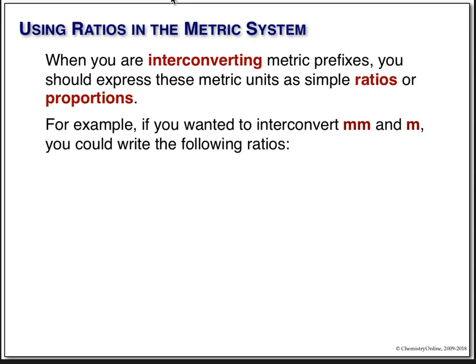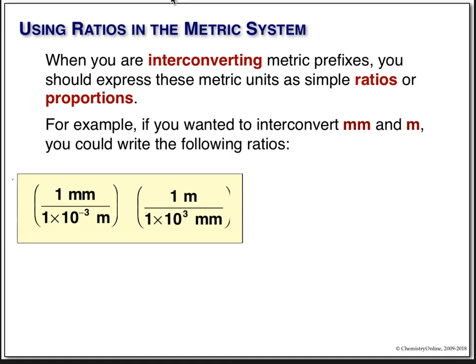If we wanted to interconvert millimeters and meters, we would want to come up with a ratio to allow us to do this. Now remember, milli is 10 to the minus 3, isn't it? So the ratio we just saw is this one. 1 millimeter is the same as 1 times 10 to the minus 3 meter.